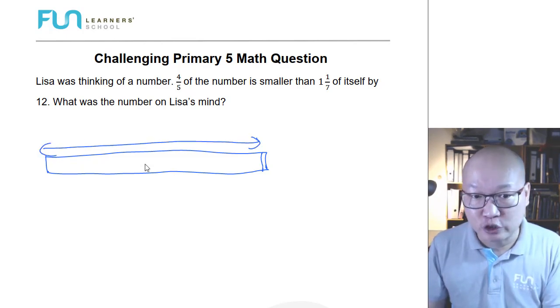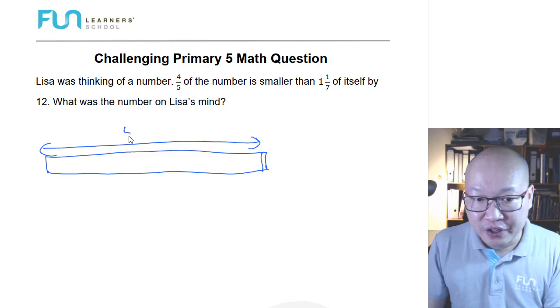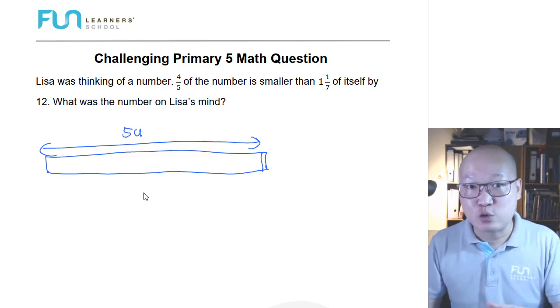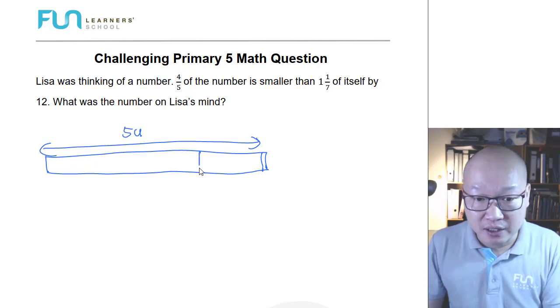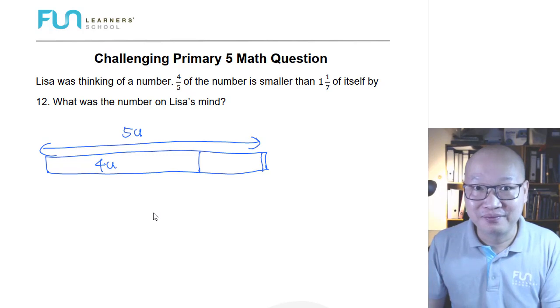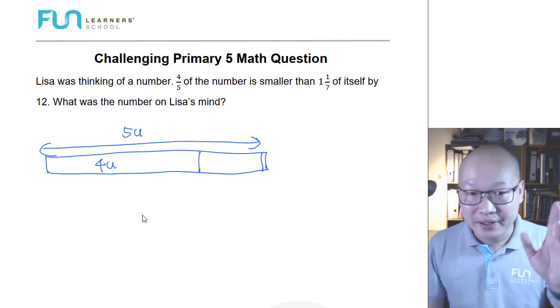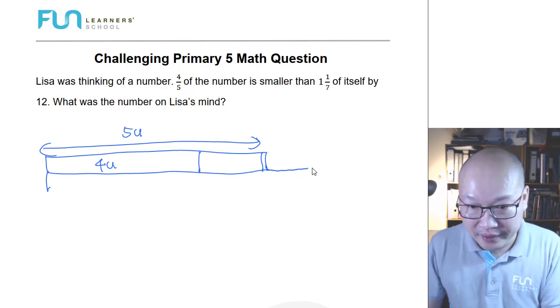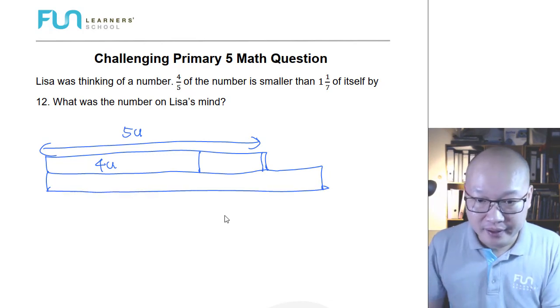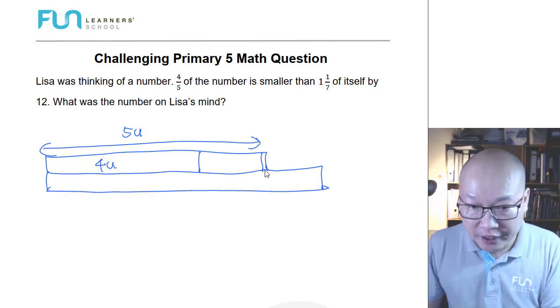First, we have a total of 5 units. This is why it's called the unitary model. And we mark out a certain part here and it becomes 4 units. Can you see that? Next, marker at the bottom, up to here.